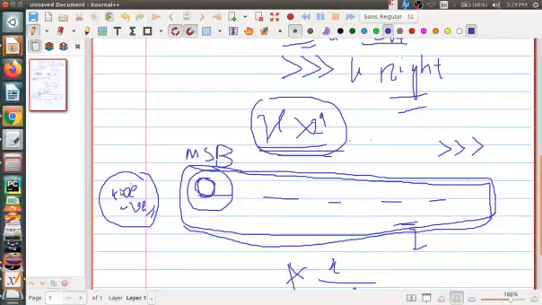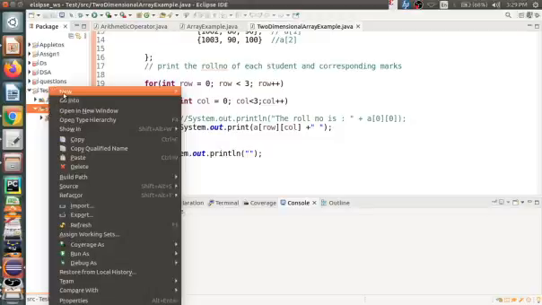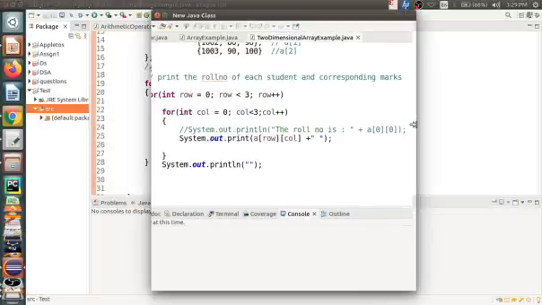Now let us see a few examples. We have seen the concept and the logic part, so let us try out some examples. We create a class.